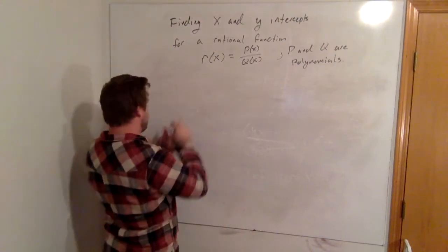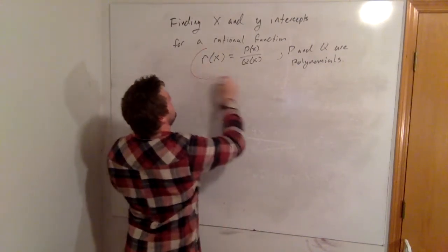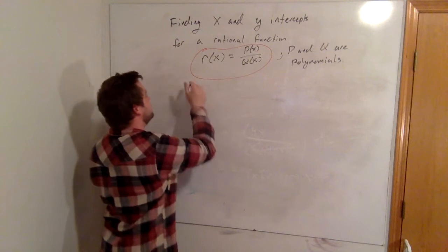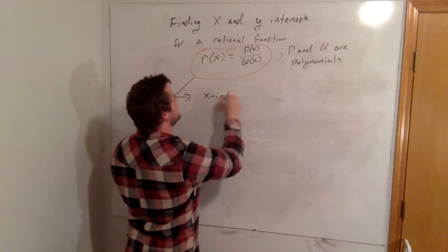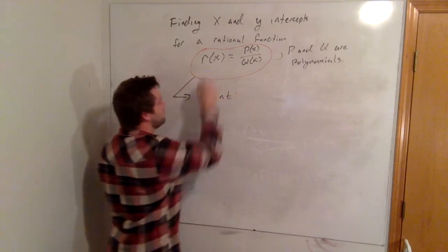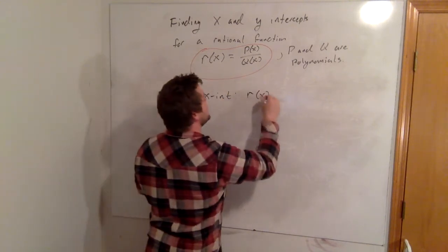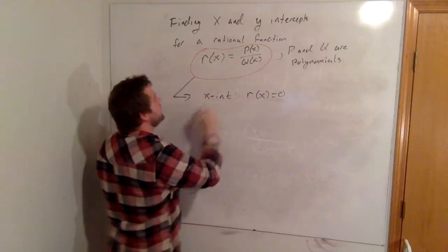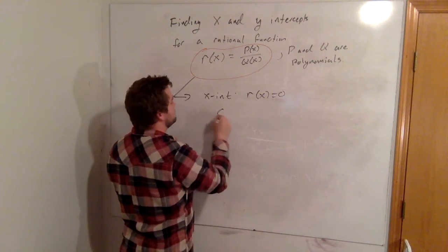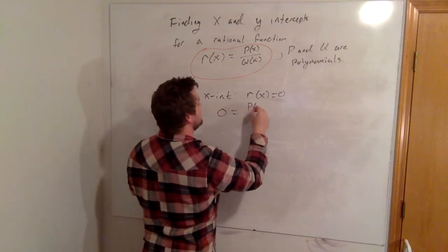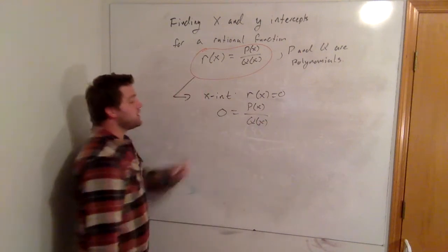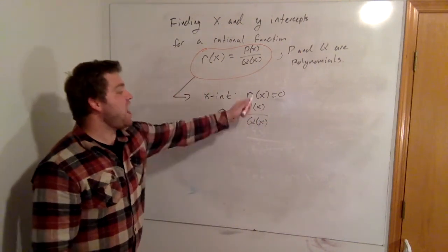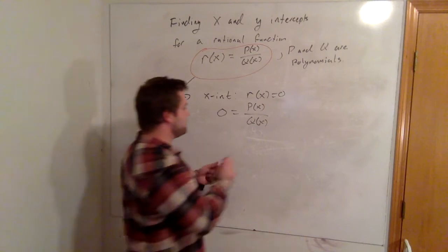So if we have a rational function, which is p of x divided by q of x, what we should notice here is the x-intercepts. How do we solve for those? Well, that's when r of x is equal to 0. But how am I going to know when this fraction is 0?